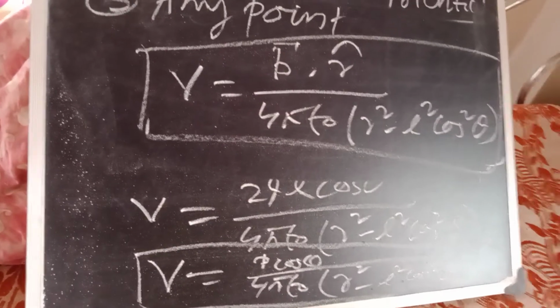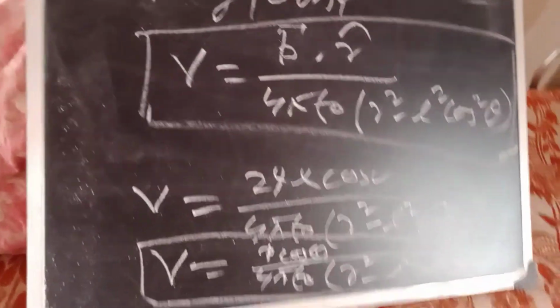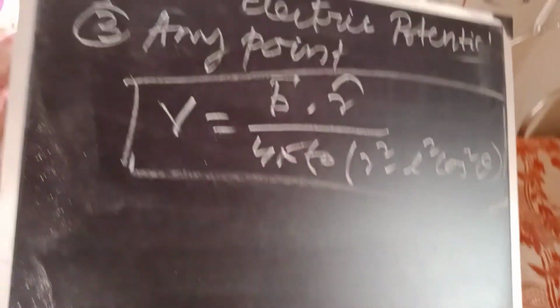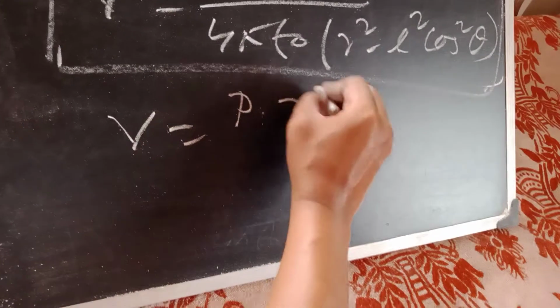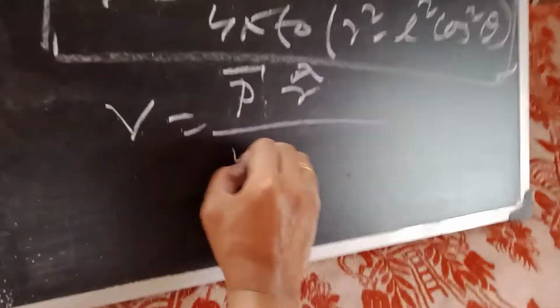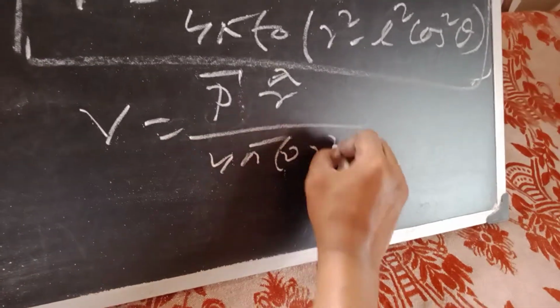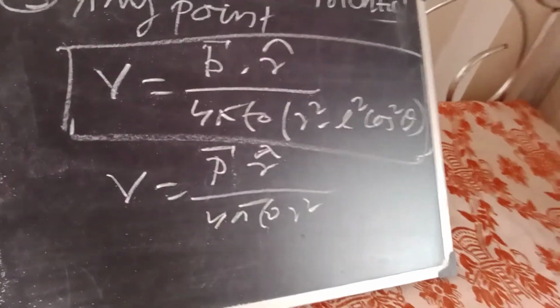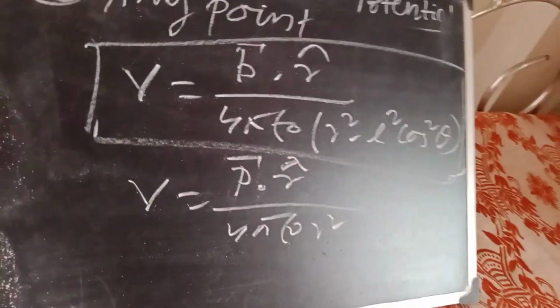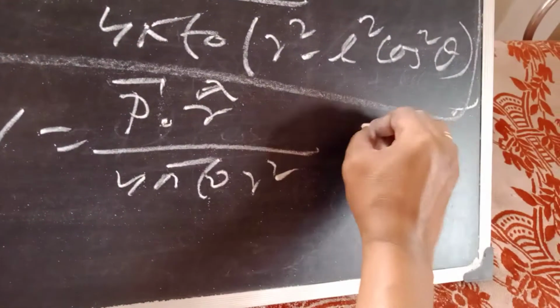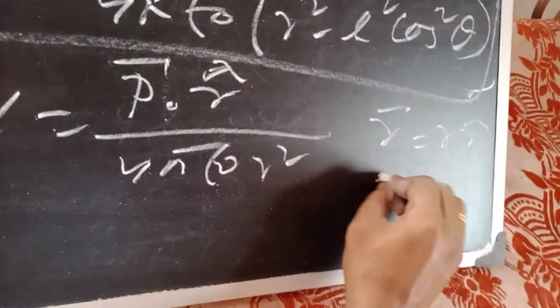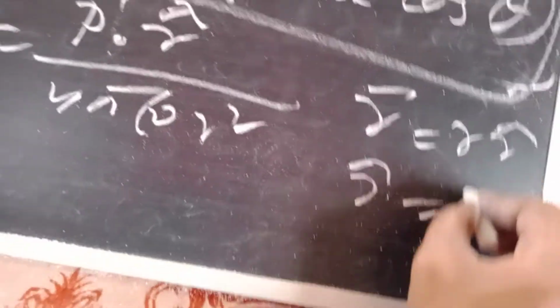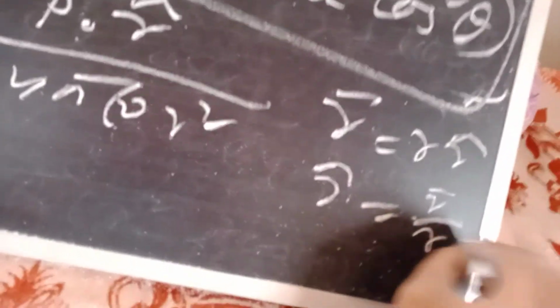Now again, if r is much greater than l, we can neglect the l square cos square theta, and we get V equals p dot r cap by 4 pi epsilon naught r square. Now if we want to write r cap in terms of vector r, we know that r cap equals vector r by mod r.